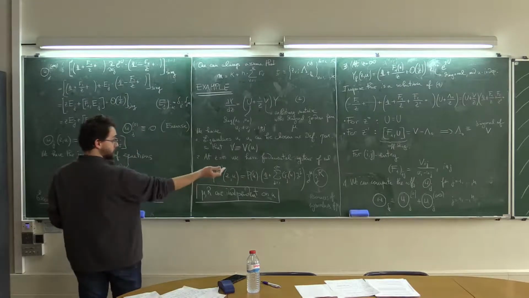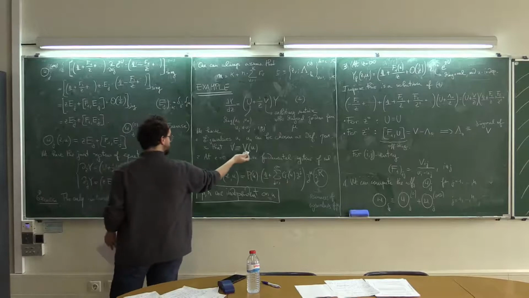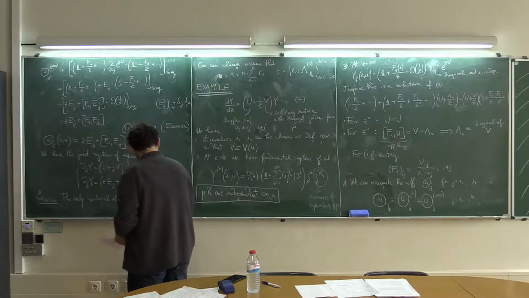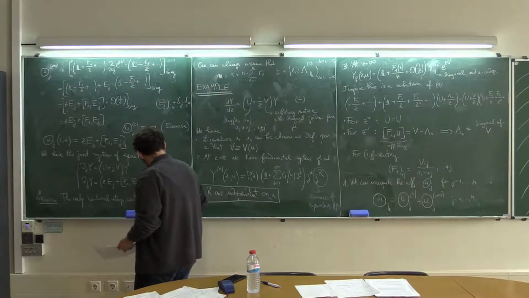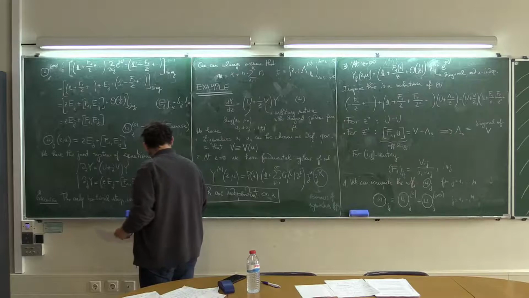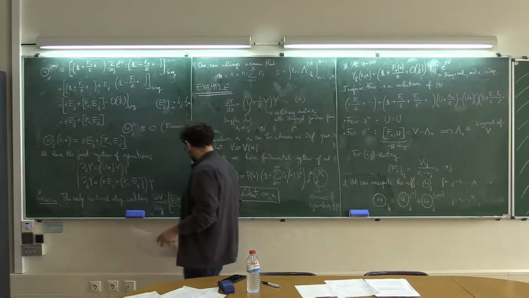equations in the functions v, which is a function of u. So the derivative of v with respect to uj must equal the commutator of f1 with ej and v itself.